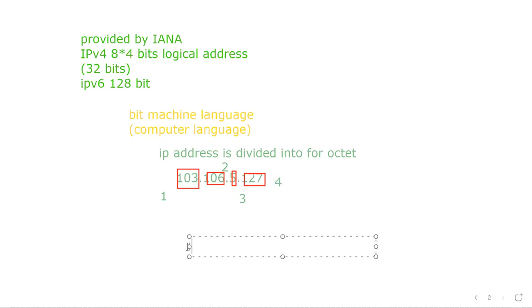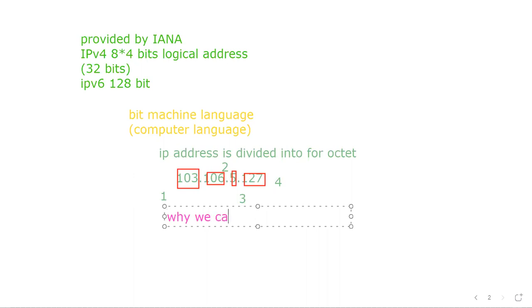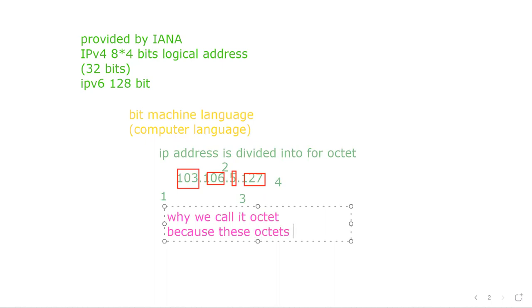Another question arrived. Why do we call it octet? Right? Because these octets are a combination of 8 bits.